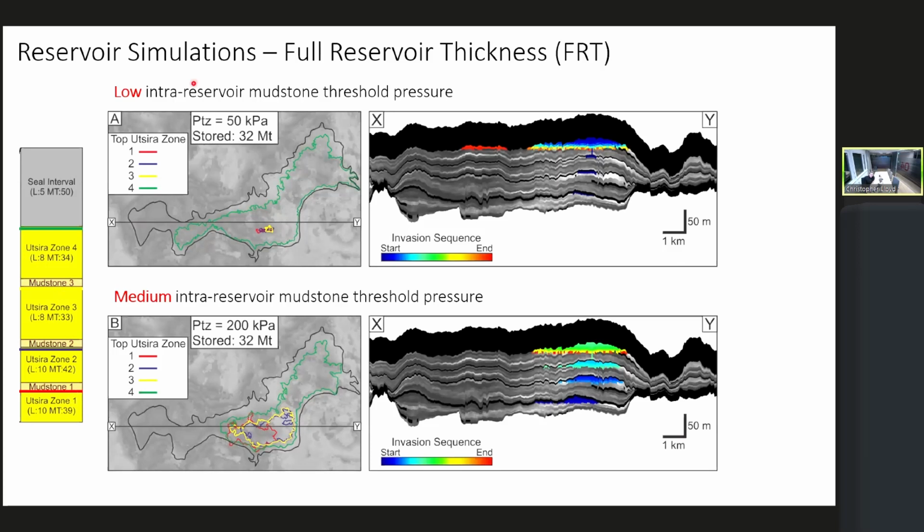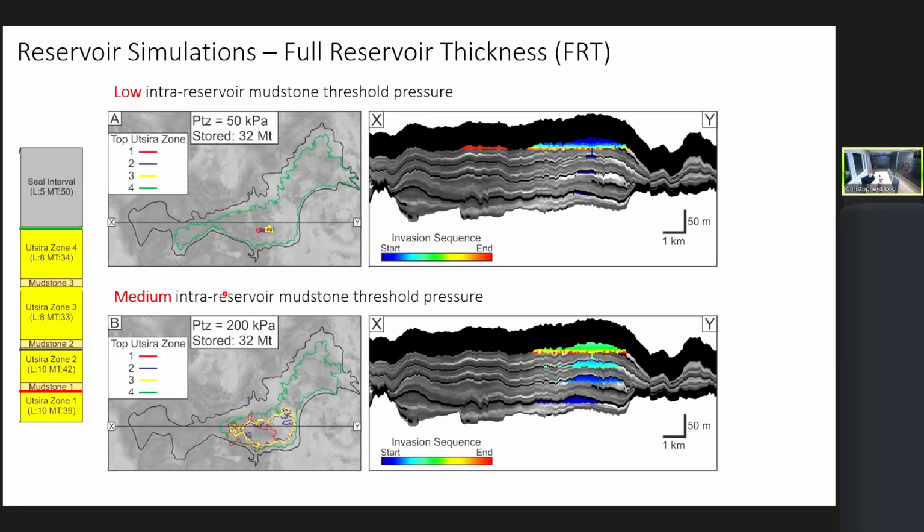This first one was where we had low threshold pressures for the mudstones, i.e. only a small amount of CO2 would build up as a column before it would break through the mudstone. You can see just by the first 3 layers how confined they are. And on the cross section here, it broke through the mudstone straight away before filling up the top.